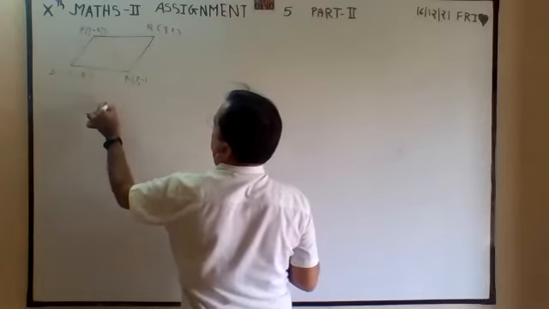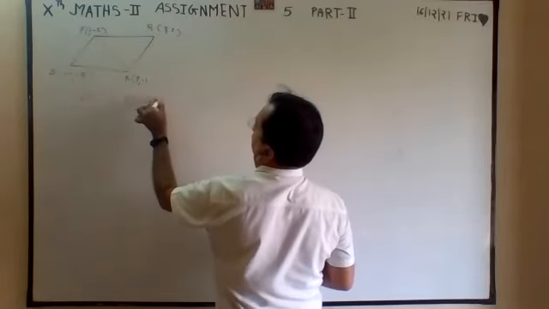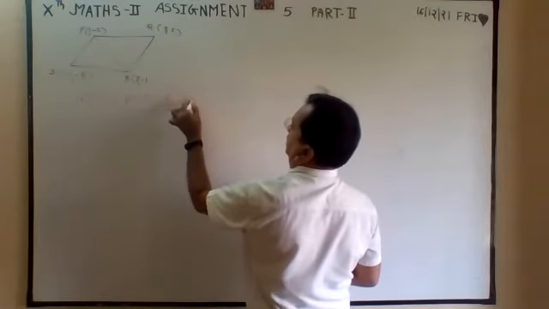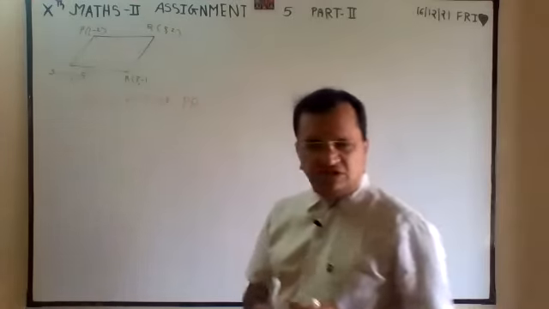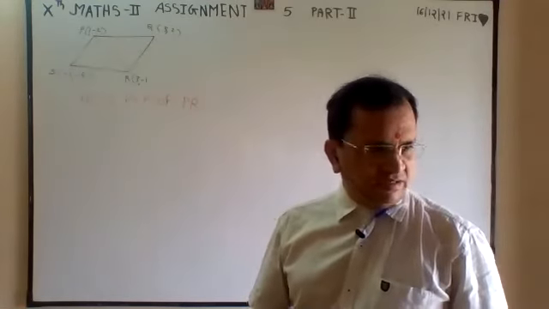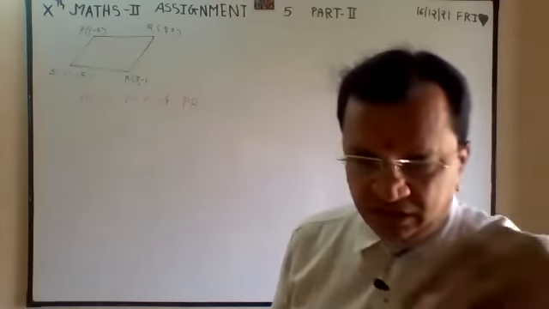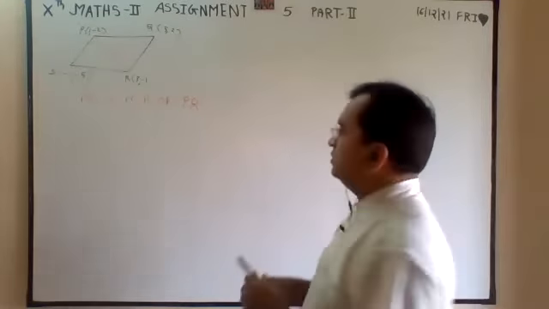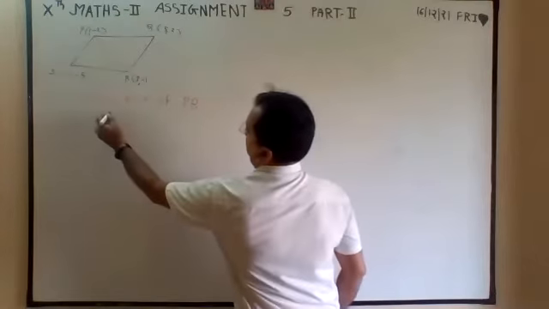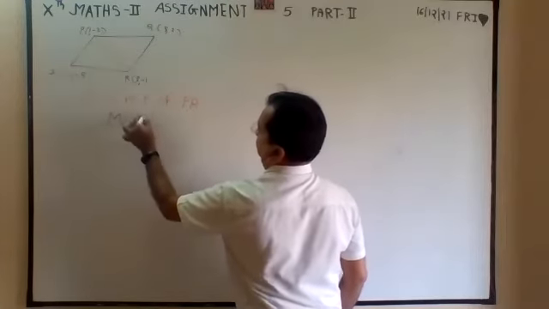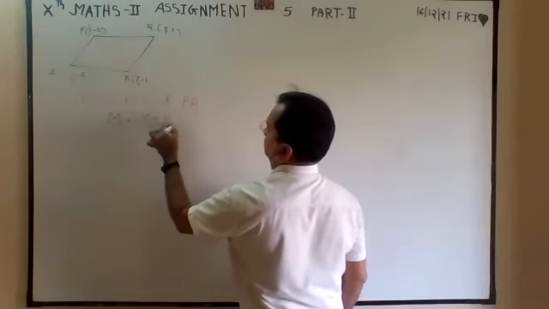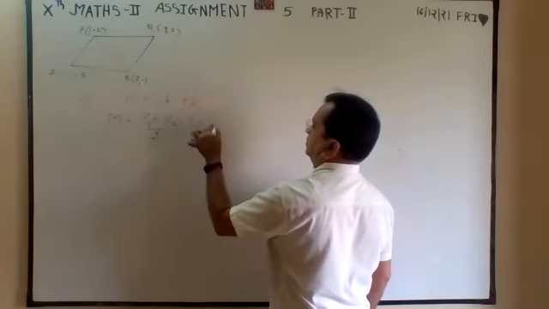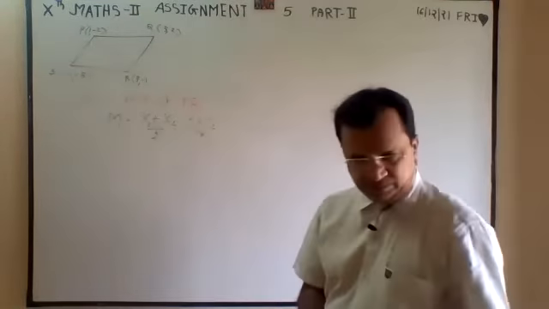M1 is the midpoint of PR. Yes, say. Sir, it is a bit blurry, not clearly visible. Darker. Okay. So M is equal to (x1 plus x2) divided by 2, (y1 plus y2) divided by 2.